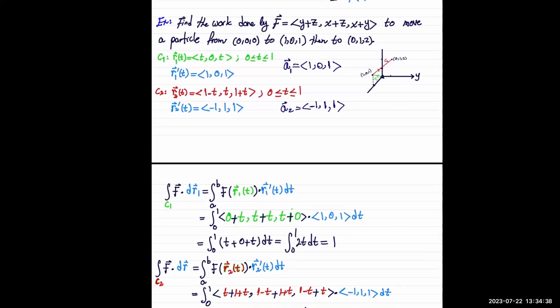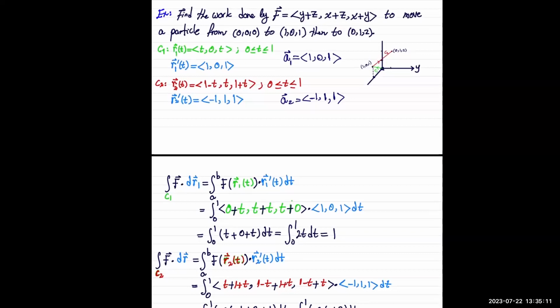Again, carefully, you're going to take r and plug it into the x, y, z of the vector field, meaning that y gets replaced with t, z gets replaced with 1 plus t. So y plus z gets replaced with t plus 1 plus t.